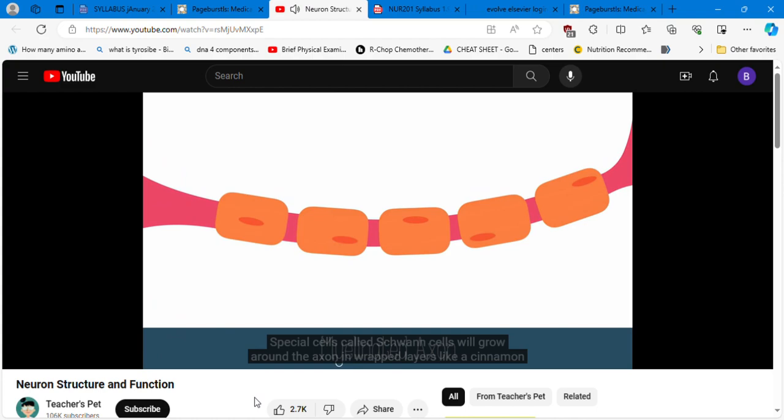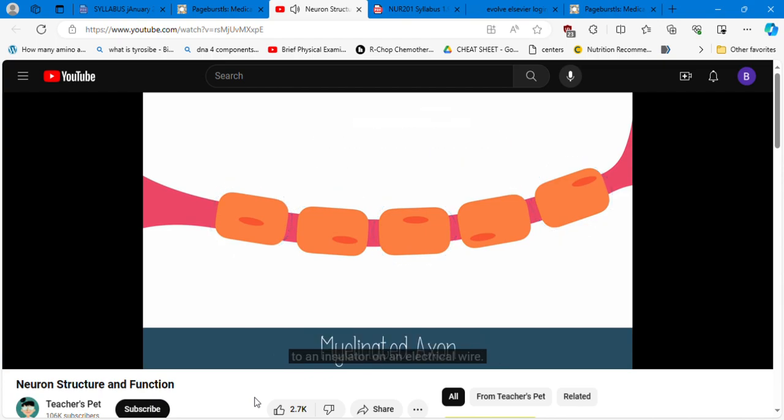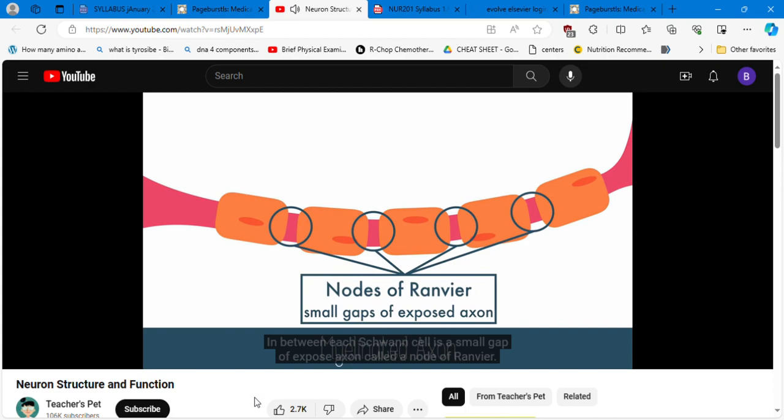Special cells, called Schwann cells, will grow around the axon in wrapped layers like a cinnamon roll. Each wrap creates a coating of myelin, phospholipid bilayers, which act similarly to an insulator on an electrical wire. In between each Schwann cell is a small gap of exposed axon called a node of Ranvier. These nodes are important for speeding up the impulse.